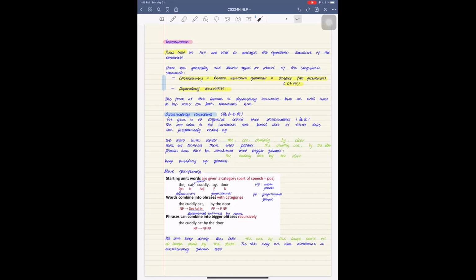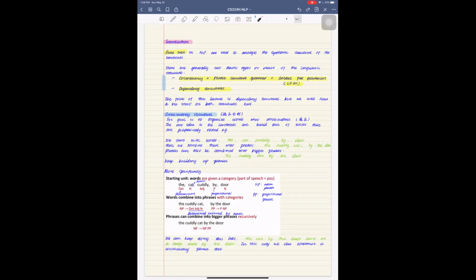Again, we can do the same here: by is a preposition, the is a determiner, door is another noun. So it's a P and an NP, and together this is a prepositional phrase. We can also join these two together: "the cuddly cat by the door". That is NP plus PP, so we construct a new NP made of an NP and a PP.